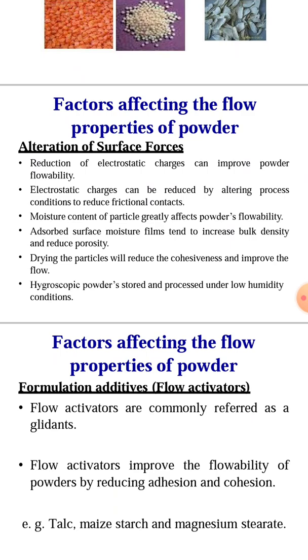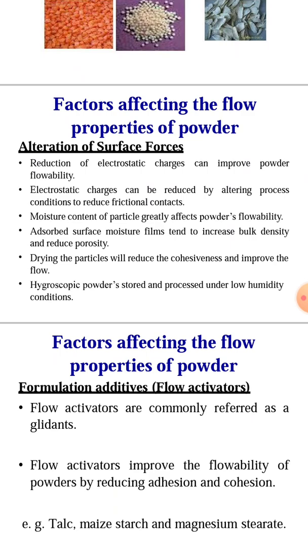Factors affecting the flow properties of powder by alteration of surface forces. Reduction of electrostatic charges can improve the powder flowability. Electrostatic charges can be reduced by altering process conditions to reduce frictional contacts. Moisture content of particles greatly affects the powder's flowability.